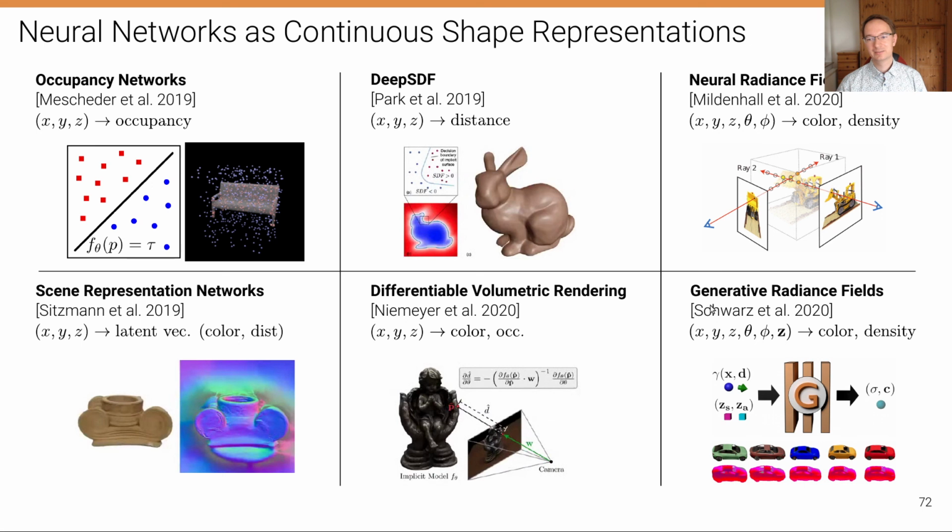And in Graph, we take the 3D location of the point, the view direction, and a latent shape and appearance code to predict the color and density. But always we have this pretty naive MLP as a simple predictor for these implicit representations.